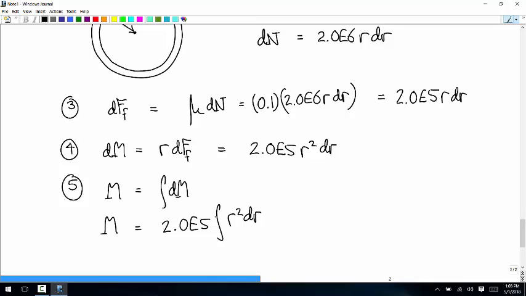And then what are the bounds of r that we're integrating over? 0 to r, right, 0 to 0.1, the radius of the whole structure.